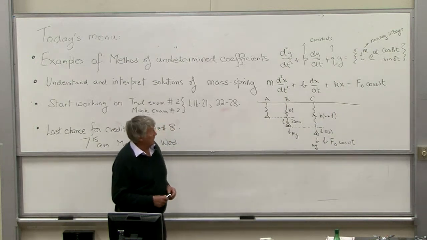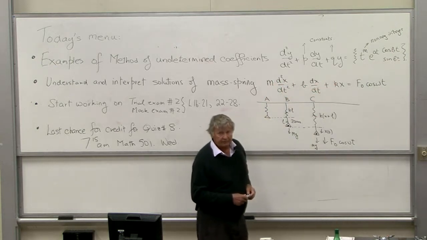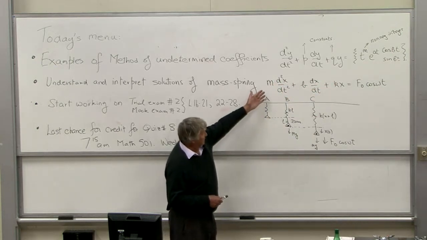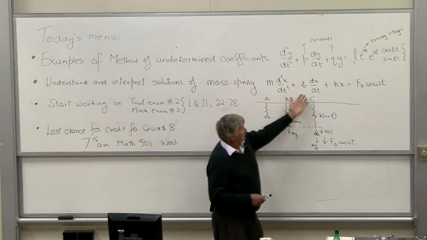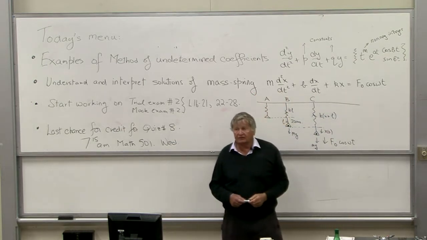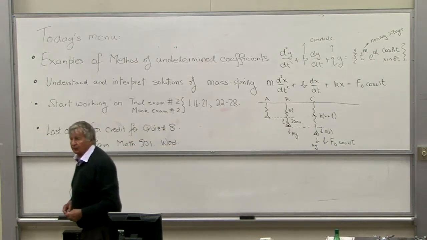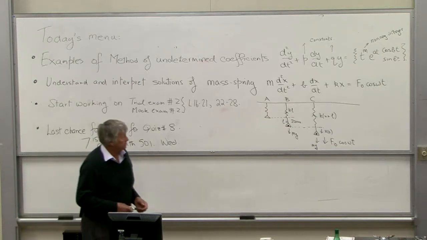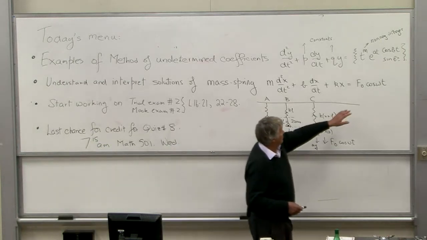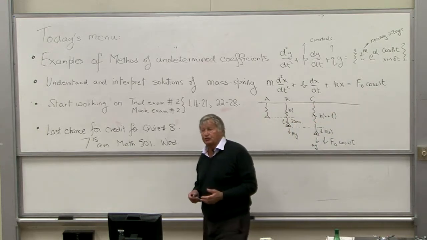So second on the menu today, I'm going to do some examples of this kind, and then I'm going to go over what the solution to this second order equation with constant coefficients and a periodic forcing in terms of the cosine omega t, what does the solution tell us?